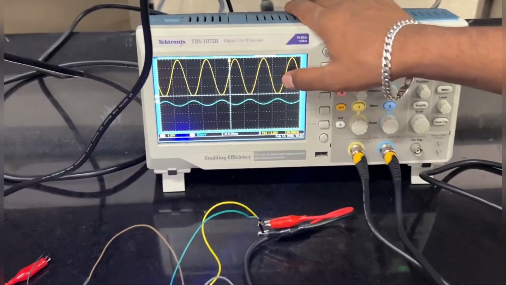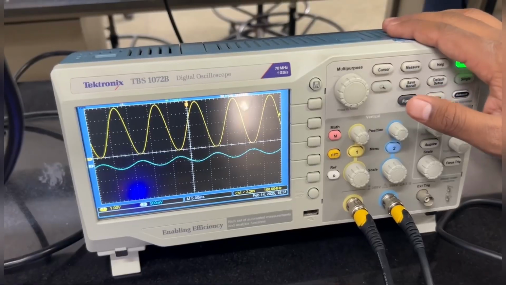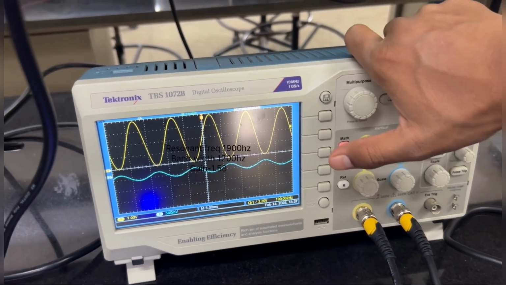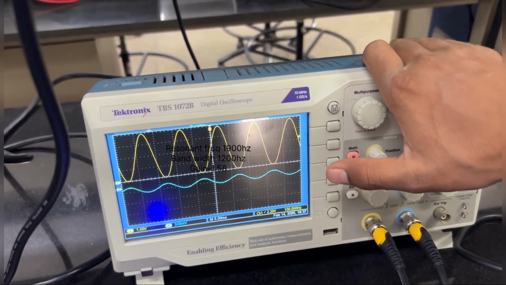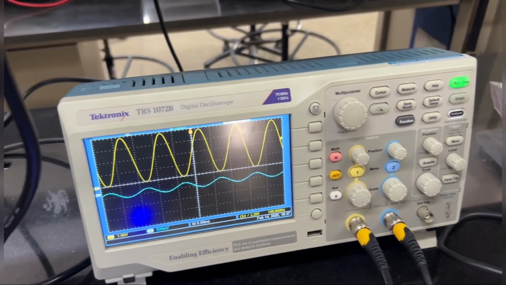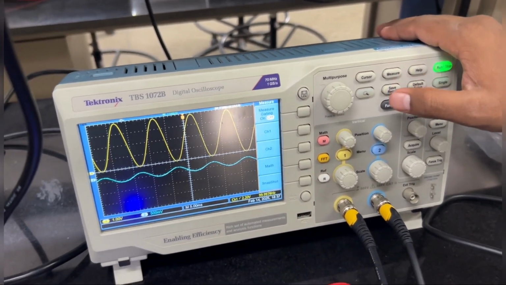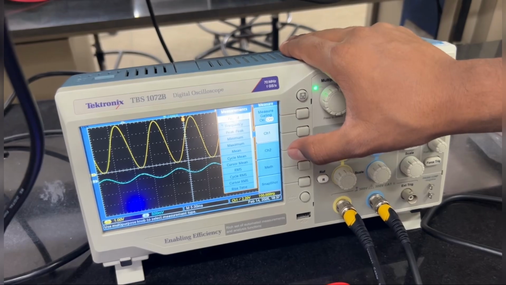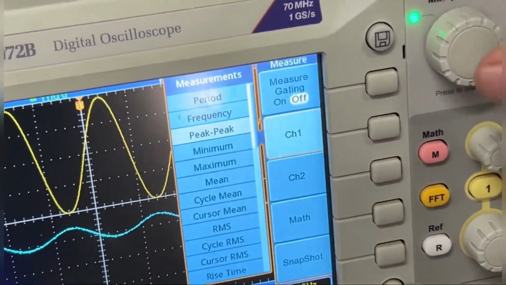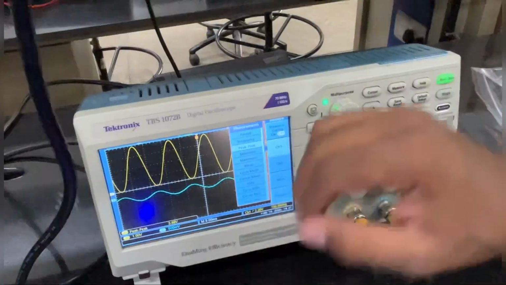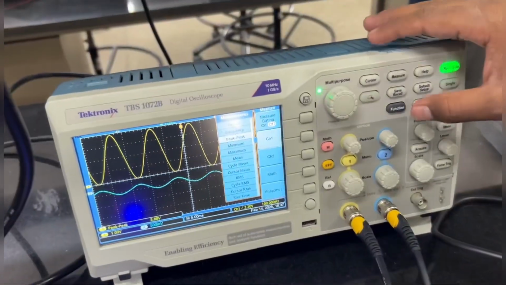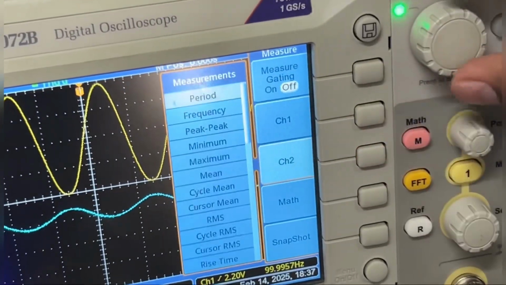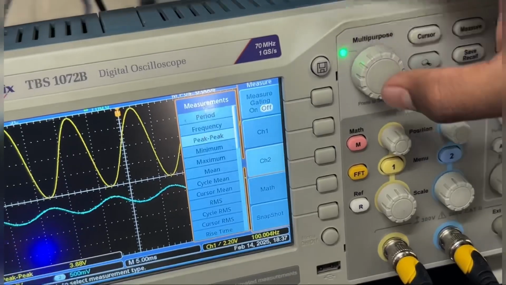This is the input graph and this is the output graph, and now we are expected to note the phase difference between these two graphs and the input and output voltage. These are available in the measure option for channel 1, and we are expected to note the peak to peak value, so it came over here. In the same way, going to channel 2, again we have to select the peak to peak.